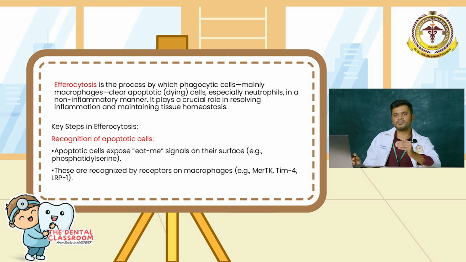Once the signal has been received, the T helper 17 cells will again send a message through a protein called interleukin 17. This interleukin 17 is a major culprit to increase the colony stimulating factor, increasing the production of neutrophils as well as sending the neutrophils towards the circulation.